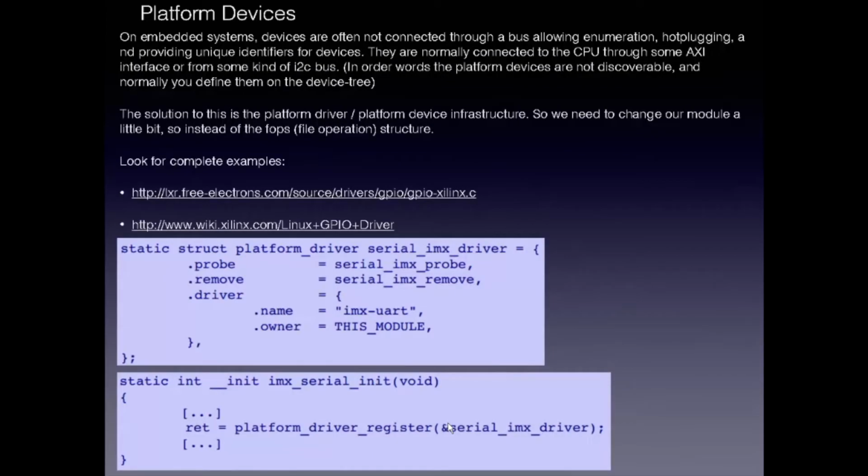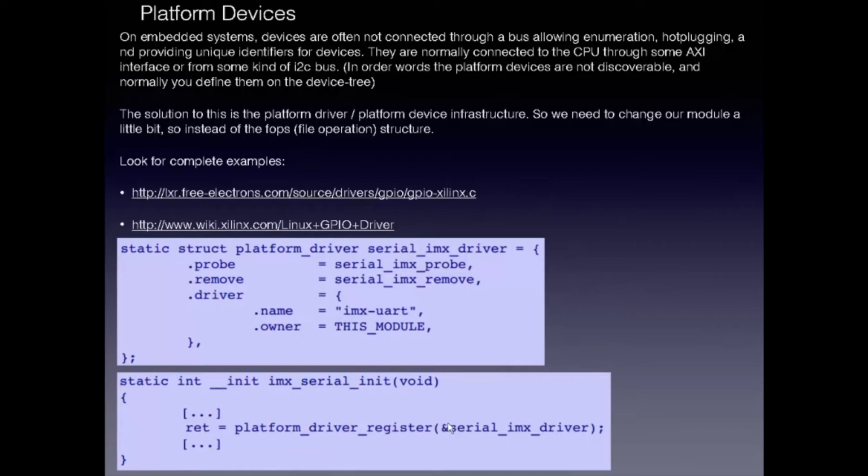So platform devices, and these are really connected to device trees. On embedded systems, devices are often not connected through a bus allowing enumeration, hot plugging, and something that provides unique identifiers for a device. They are normally connected to the CPU through some kind of AXI interface or any memory mapped interface or some kind of I2C bus.